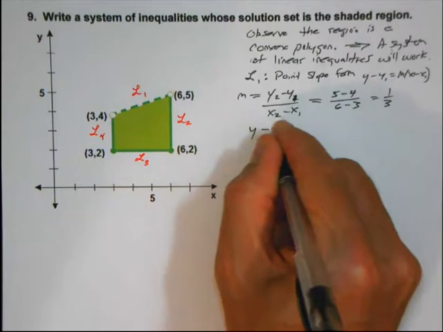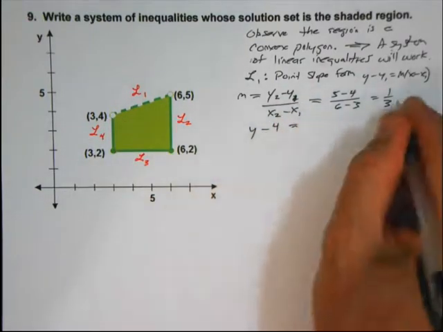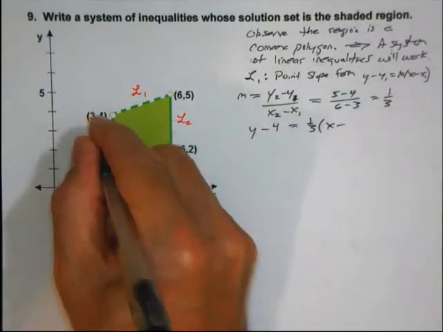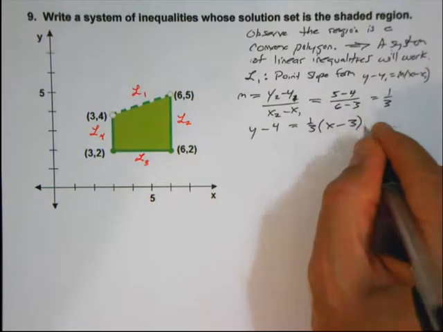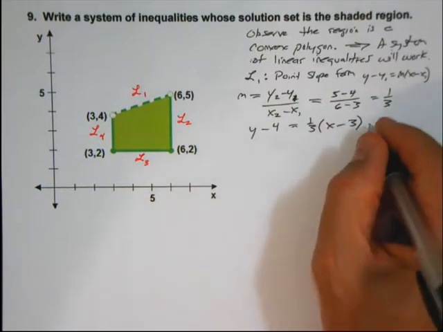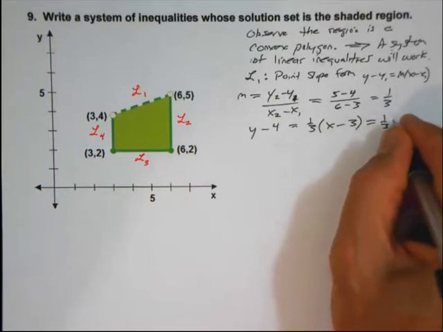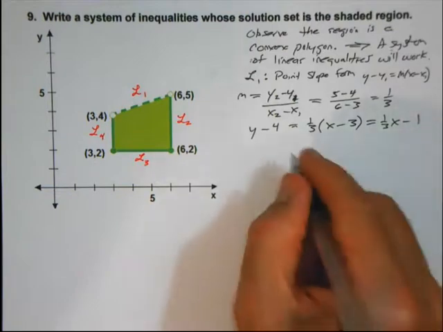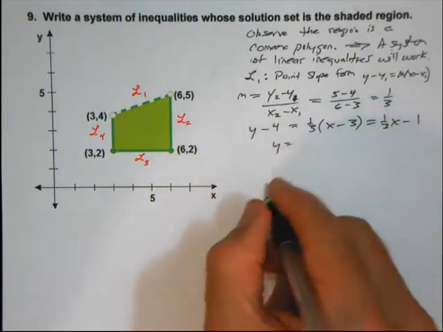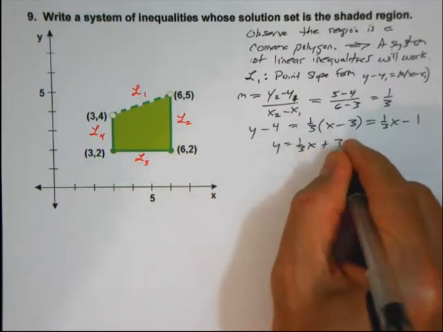We get y minus 4 equals 1/3 times x minus 3. Sometimes you want to make this look a little nicer, so let's multiply the 1/3 on through there. That's 1/3 x minus 1. Add 4 to both sides. y equals 1/3 x plus 3.